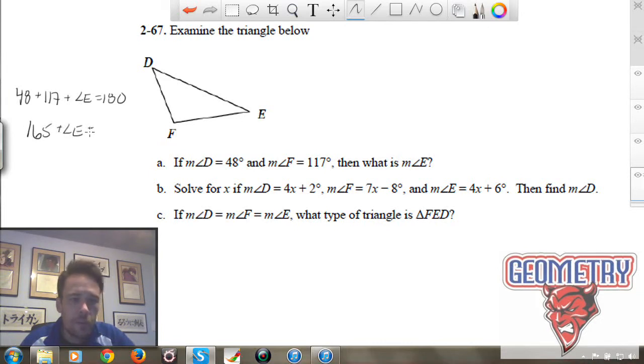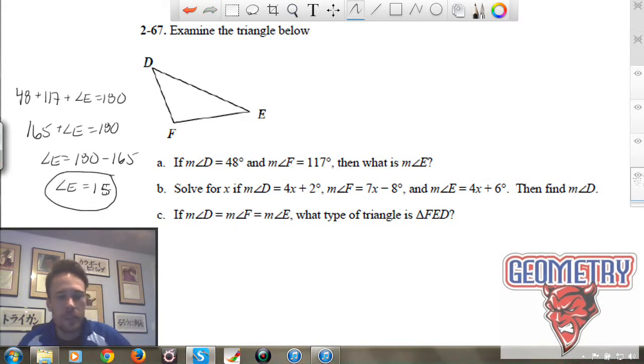So 165 plus angle E equals 180. So to find out what angle E is, I'm going to subtract 165 from both sides. And angle E ends up being 15 degrees. It's an ugly 5. Okay, so angle E ends up being 15 degrees.